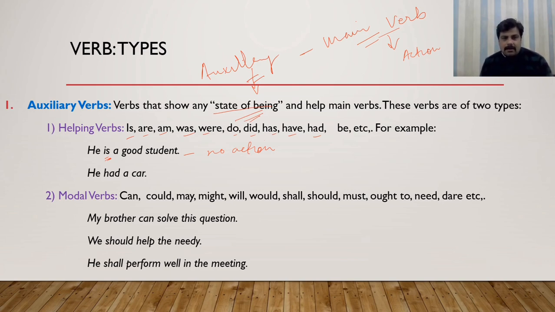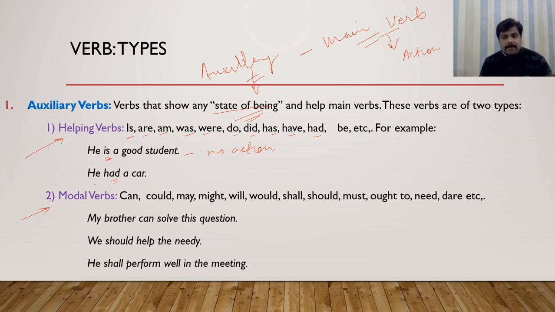He had a car, he had a car simply means had is state of being, it means that it is a state of having a car, right? The another auxiliary verbs can be of two types, like helping verbs and like modal verbs.